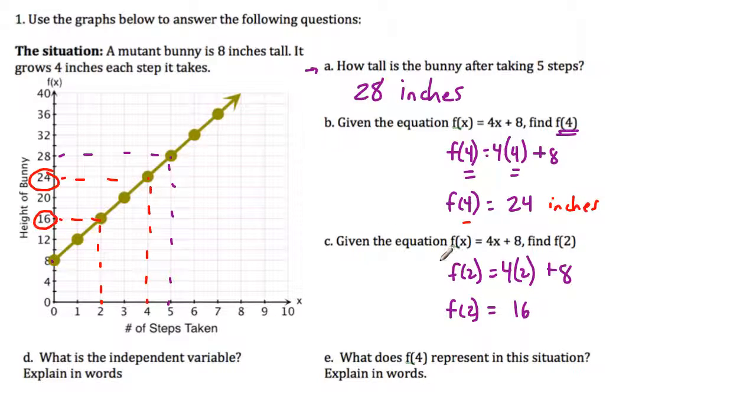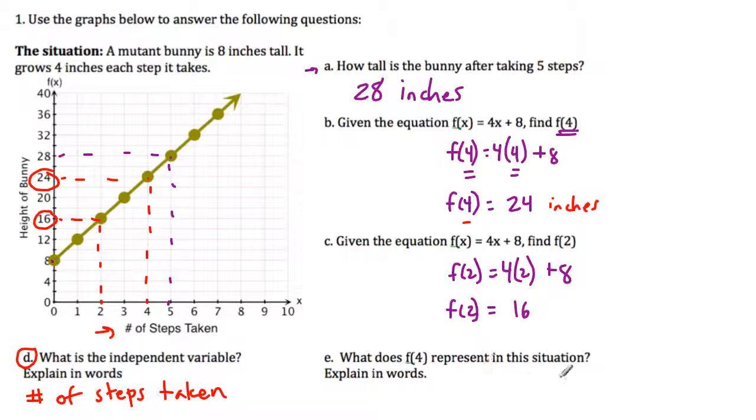And for this next part, we're looking at the independent variable, and for that, it's the number of steps taken. It's just this x value.